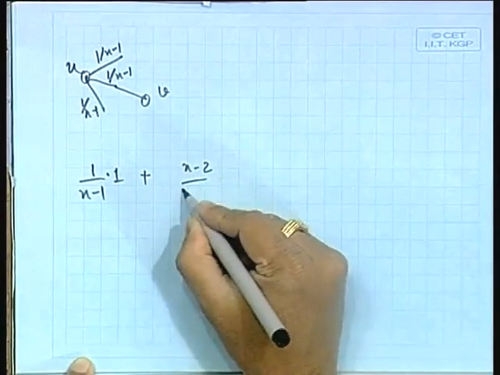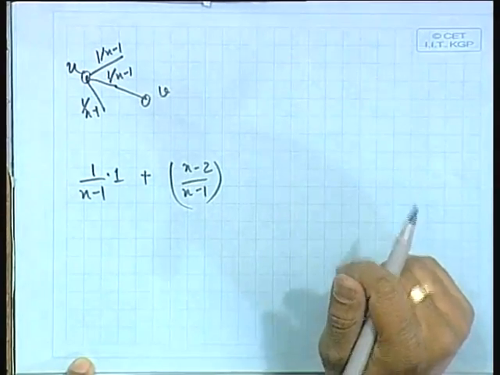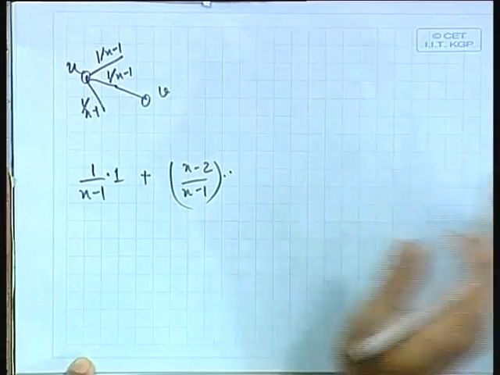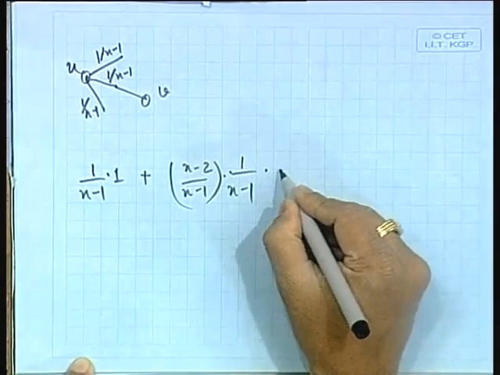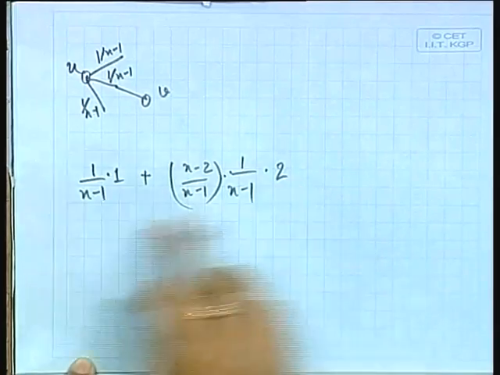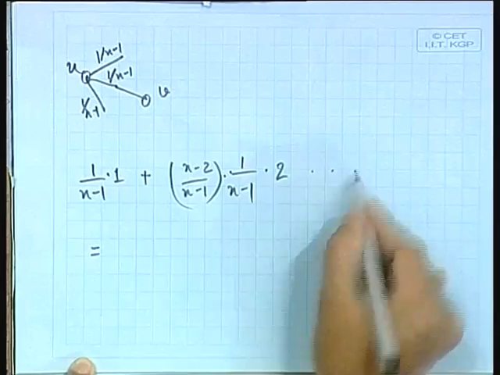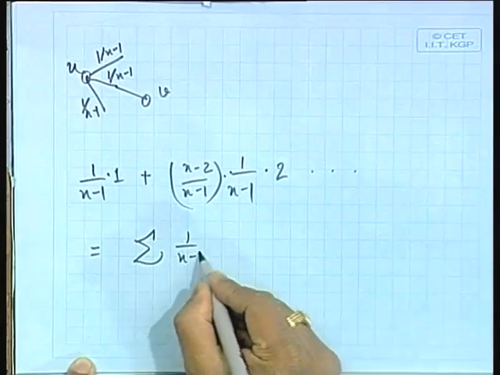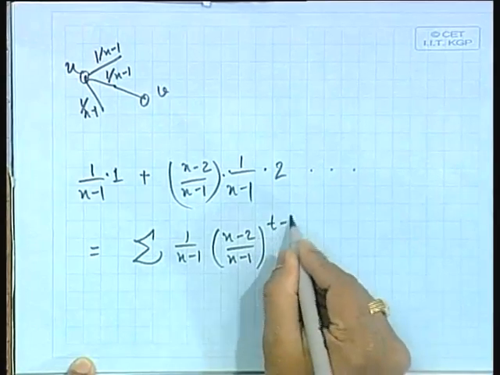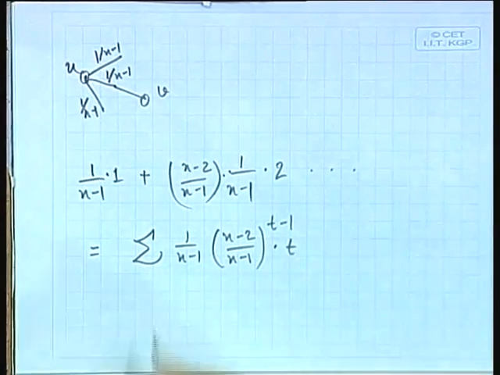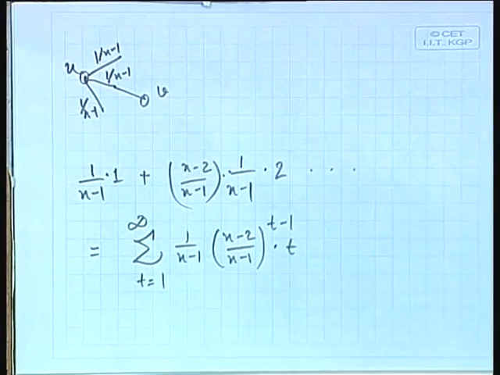First step it goes to some random node, which is with probability n minus 2 by n minus 1, and in the next step it goes to this node, and this is the case for 2. I am finding the expected value, so I am multiplying it, and you go on in this way. So can you generalize? It will be the sum over t, right. So this is the access time.